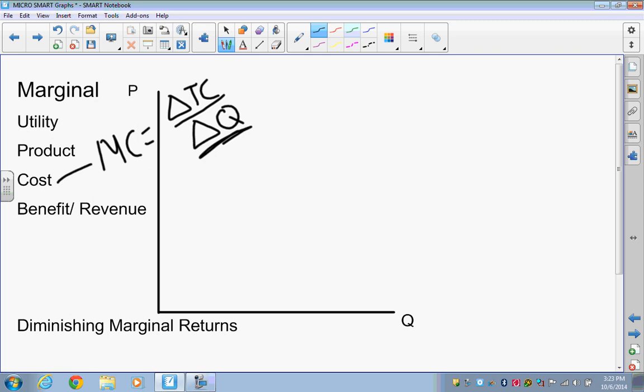One more unit. Therefore, for one more unit, we need to find how many extra units we produced from one stage to the other, and we say, well, what was the change in cost? This will give us the ratio of one more unit. Make sense? All right. And then marginal benefit, once again, is the additional benefit of consuming, or marginal revenue would be the additional revenue you get from selling one more product.